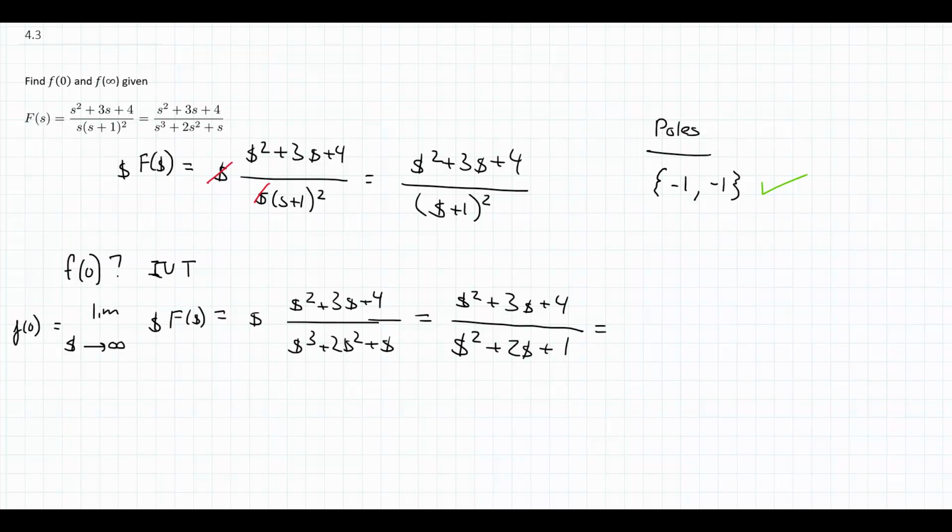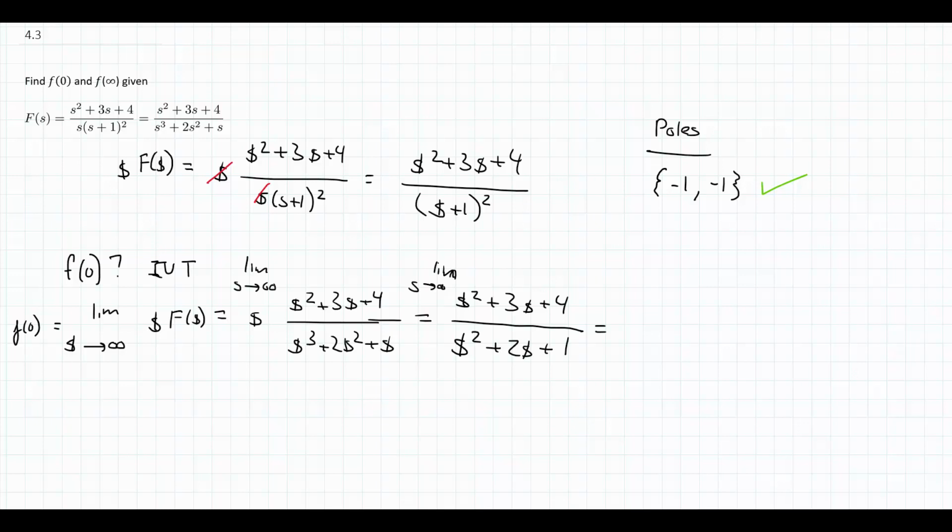All right, and I was a little bit lax here. This is the limit as s goes to infinity of both of these things. So I'll put that out in front here to remind myself this is what we're actually trying to do. So the limit as s goes to infinity. All right, now I can actually do that limit. If we look now, in the numerator, we have a degree 2 polynomial, and in the denominator, we have a degree 2 polynomial as well.